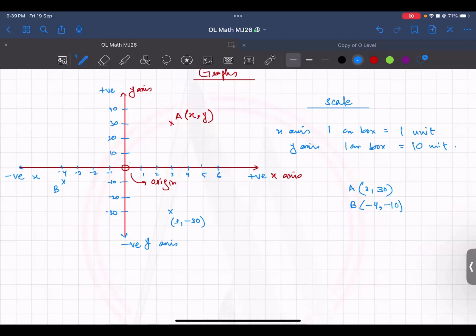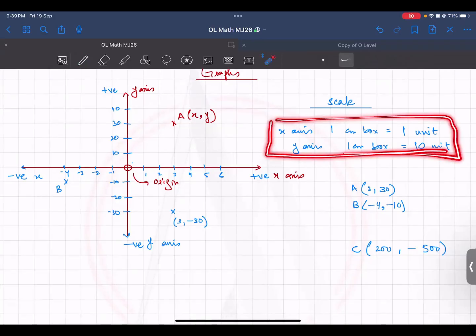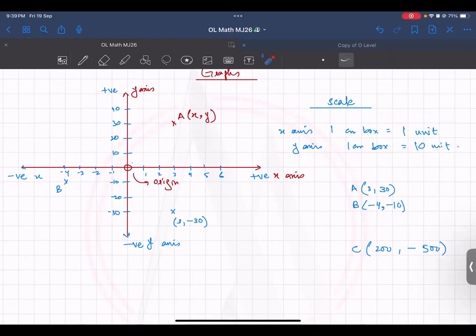Okay, so I was telling you that if your values are very, very large, let's suppose c is 200 comma minus 500, you can see that with this scaling, you will never be able to plot this point. So you would have to understand and accordingly choose your scaling. So now you would choose 1 centimeter is equal to 100 units.